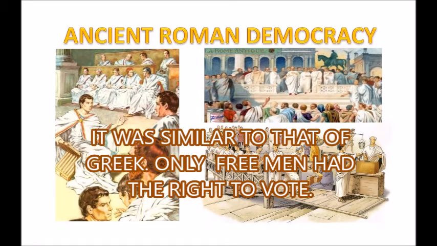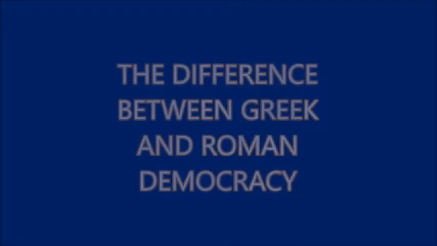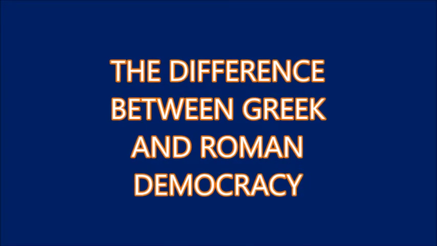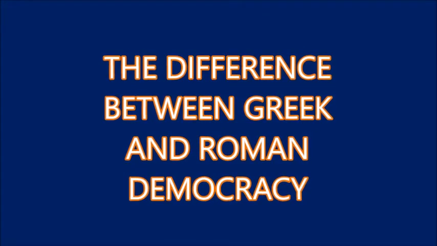Ancient Roman democracy was similar to that of Greek. Also here, only free men had the right to vote. Let's have a look at the difference between the Greek and Roman democracy.